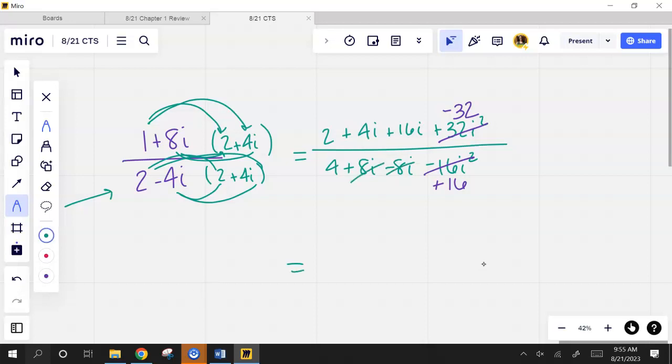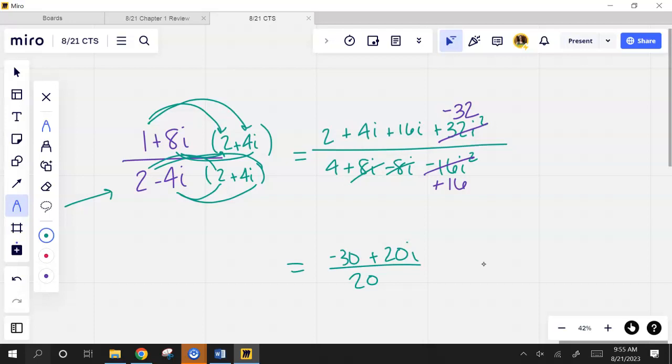These cancel, right? So in the bottom, Tyler says we have 20. That's exactly right. How about up top? That's exactly right. I was waiting on somebody to say that because I knew y'all were going to see that you could simplify that. So listen very, very carefully.